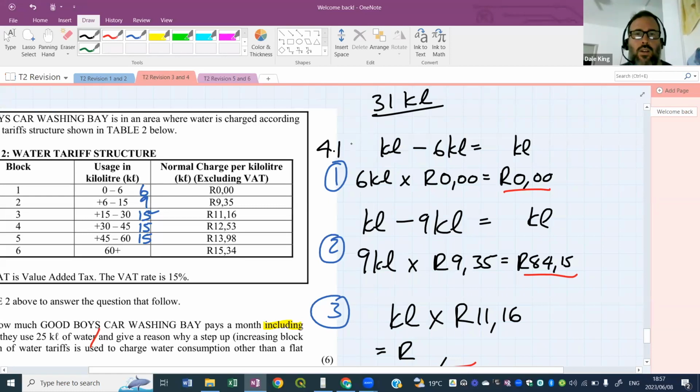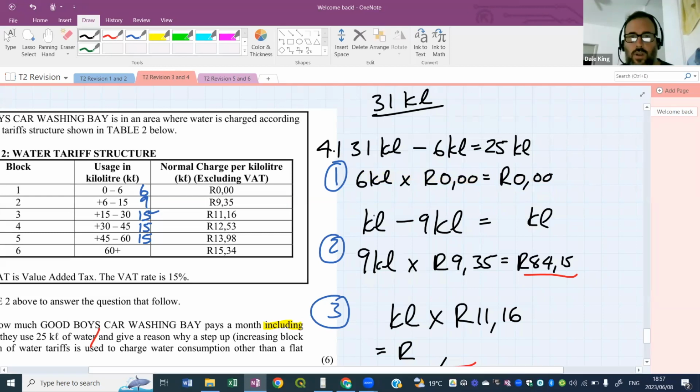31 kiloliters. All right, we're always taking off 6 kiloliters in the first line here, which means we have 25 kiloliters left. That 6 kiloliters gets charged at 0 Rand per kiloliter, so we have 0 rands for that first block. All right, makes sense.